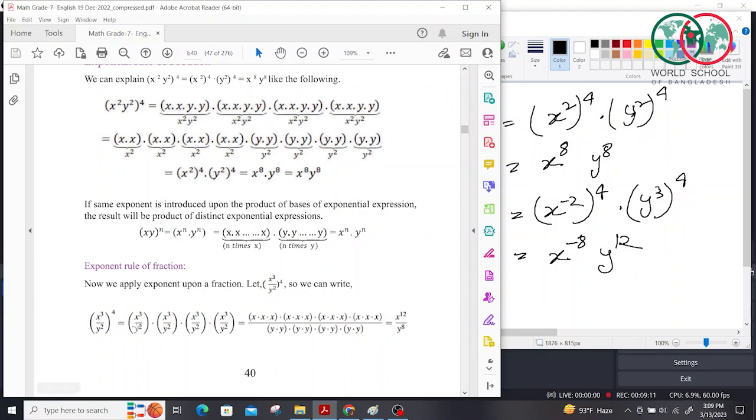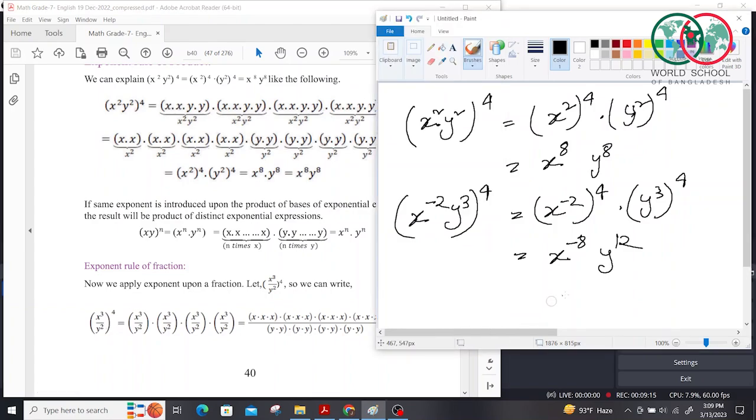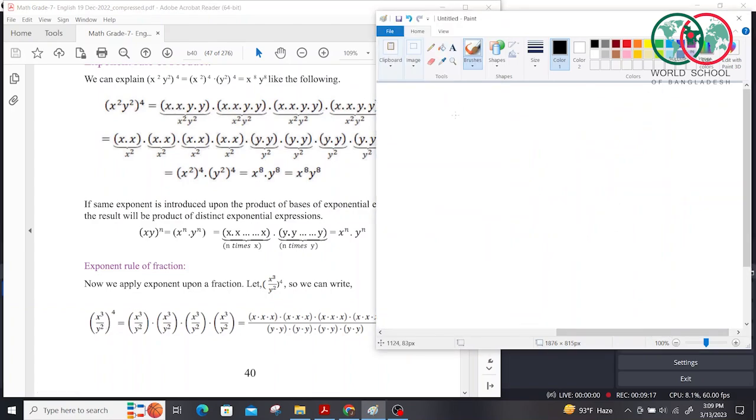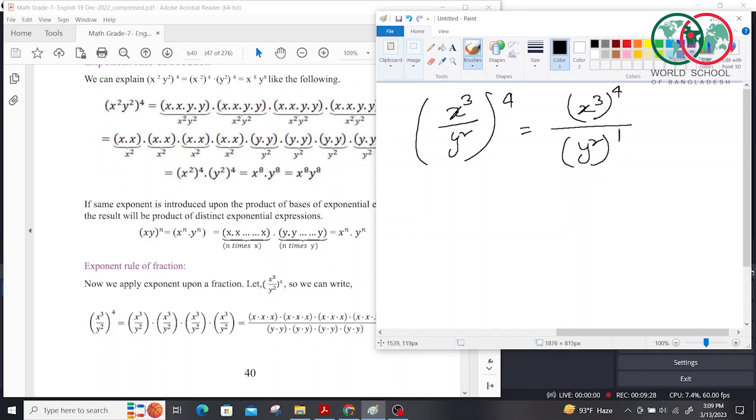This rule is also applied for fractions. Suppose we are given x cube divided by y square to the power 4, then we can write it as x cube to the power 4 divided by y square to the power 4, then it becomes x to the power 12 divided by y to the power 8.